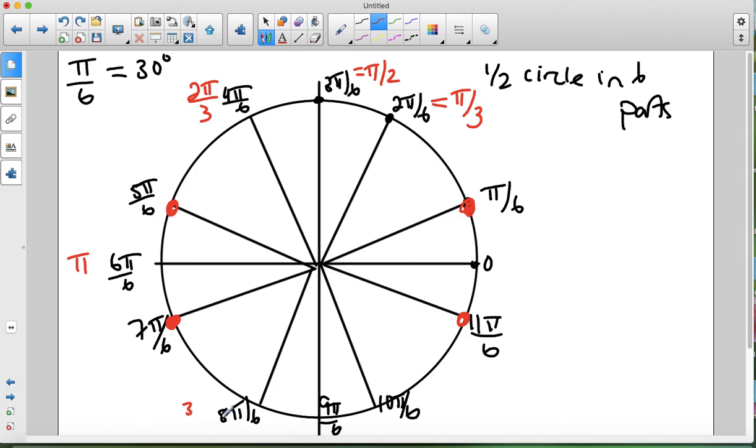No. Divide by 2, so it's 4 pi over 3. And this one would be 3 pi over 2. And then this one would be 5 pi over 3. This one's legit 11 pi over 6. Okay, and of course, if you go to 12 pi over 6, that makes 2 pi. There you go, you have your even number again. So the only ones you have to memorize are those. But instead of memorizing, it's important to understand.